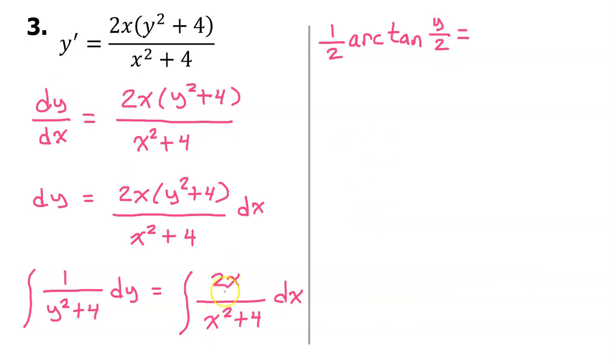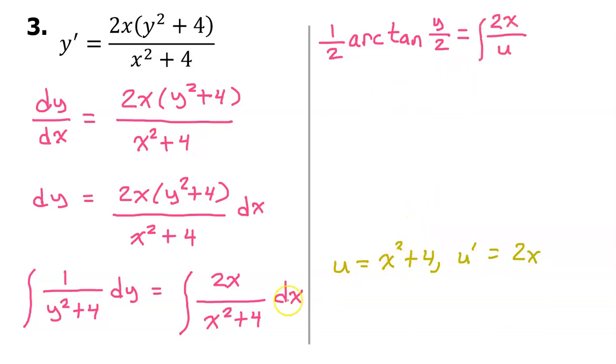The right-hand side looks very similar, except when the degree of the denominator is exactly 1 more than the numerator, we are going to use u substitution. And in this case, we will let u equal x squared plus 4, which means that u prime is 2x.